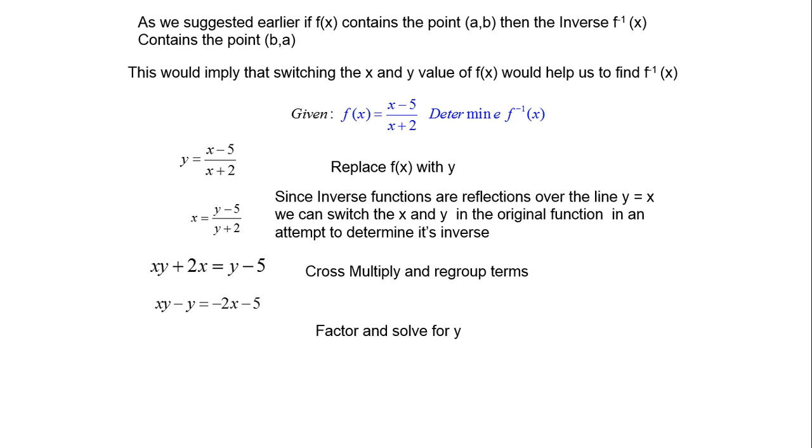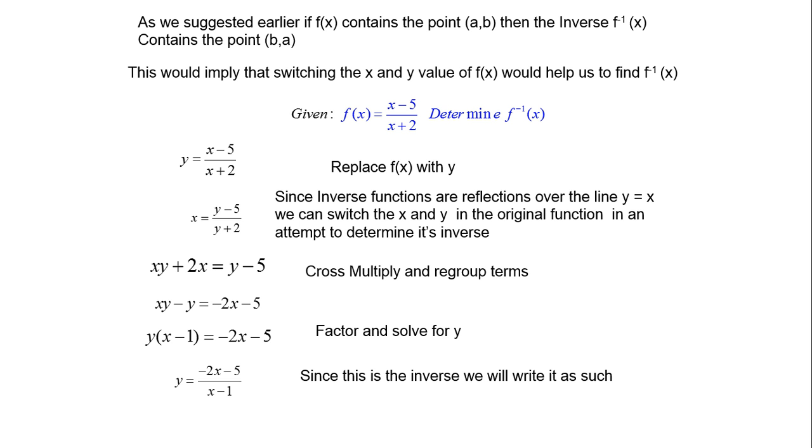We're going to factor out the y from the left-hand side, okay? And then we're going to divide through by the x minus 1, and that's going to give us an expression for y in terms of x, which is in fact the inverse of our original function, so we're going to show it a little respect and give it that inverse notation.